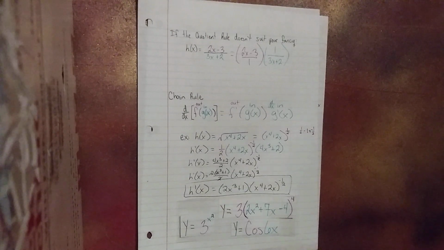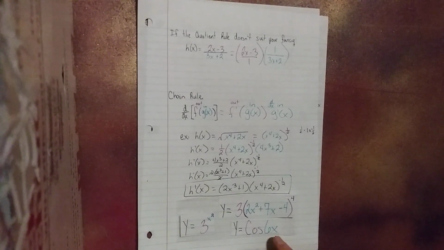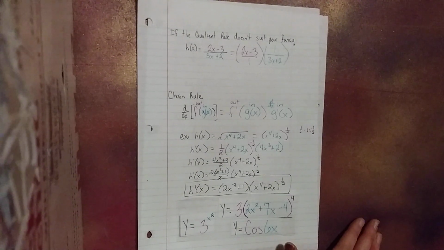But it can also be used for cosine of 6x, or cosine of anything more than just x. And our 6x would be our inside function, and our cosine would be our outside function. And it, again, works in much the same way.